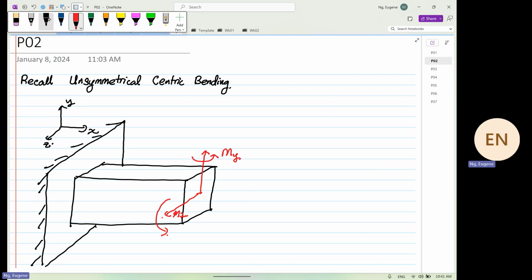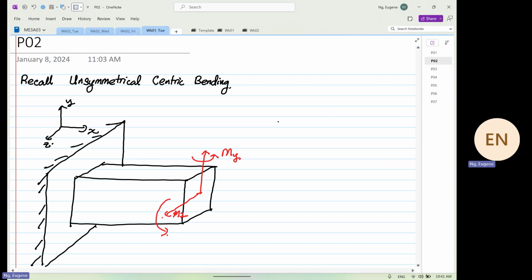So the first thing to take note is, the formula for this is what? What we are going to calculate is stress in the x direction. We're going to look at normal stress in the x direction. And we realize that this will be equal to moment about Y over, which axis?